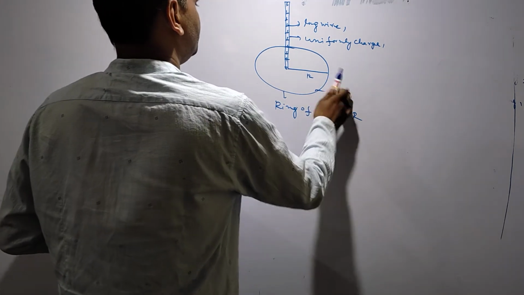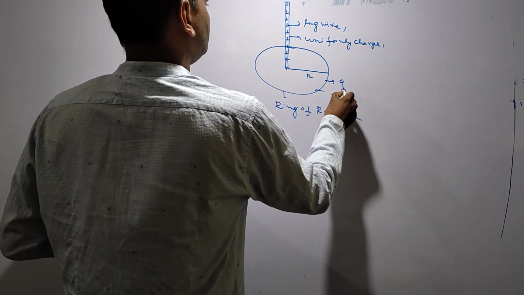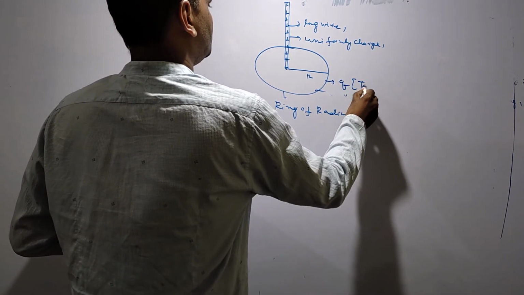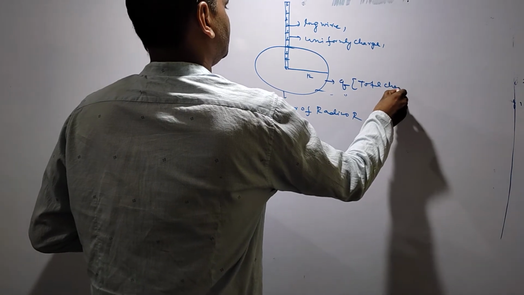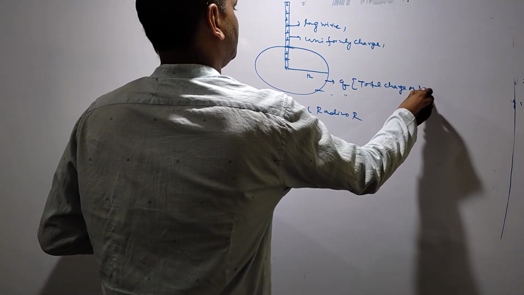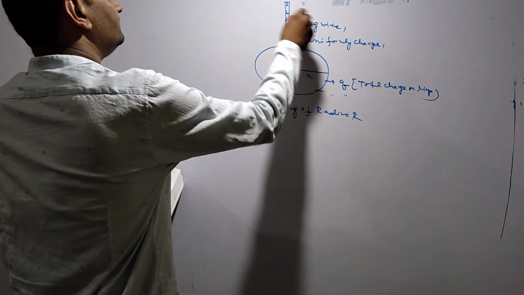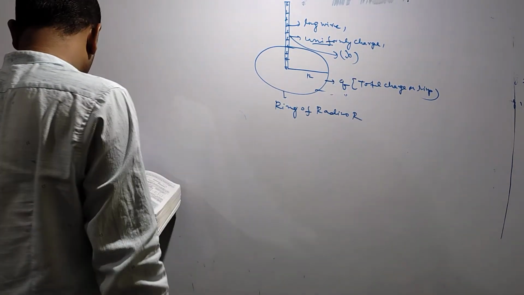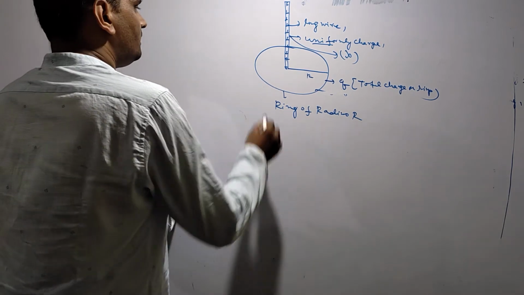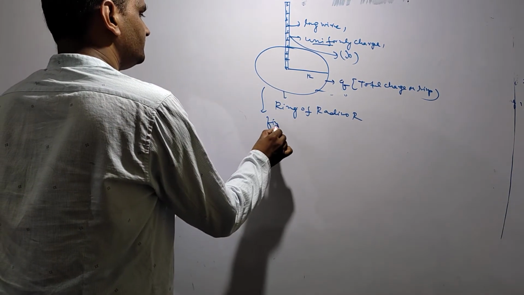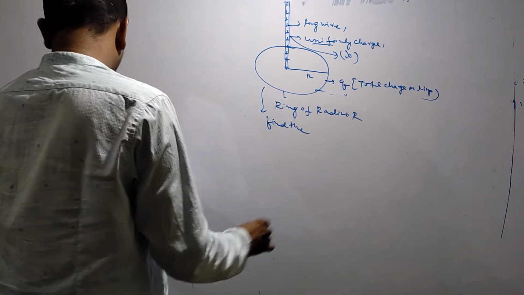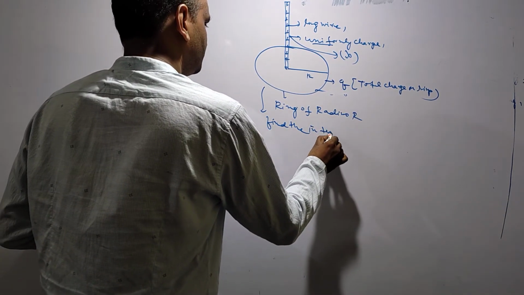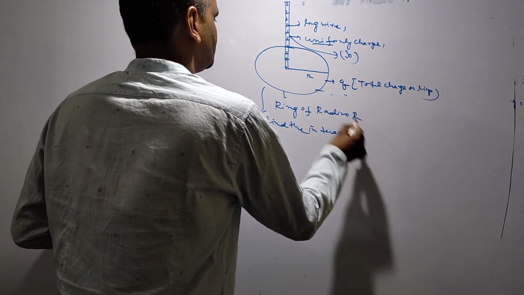Sorry, we have total charge Q. This is the total charge on the ring, and the wire is uniformly distributed with charge density lambda. Okay. Now we have to find the interaction force with electrostatics.